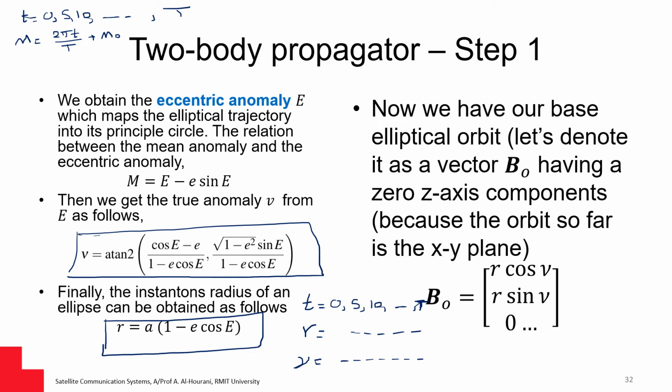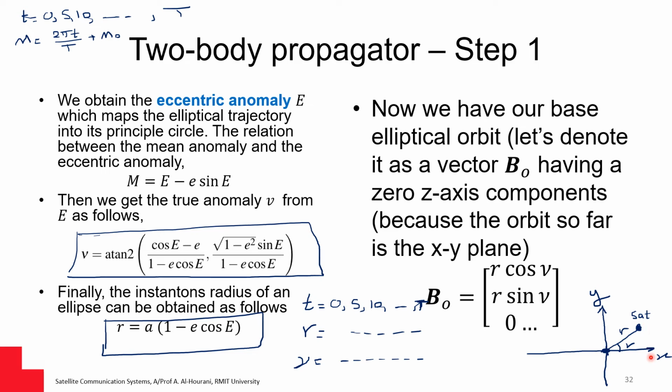If I make a simple drawing here, I want to convert these polar coordinates into Cartesian coordinates. All you need to do is this: here's the r, here is the angle nu, here's the satellite, let's call it sat, and the point at the center is Earth. Here's the x-axis, here's the y-axis.